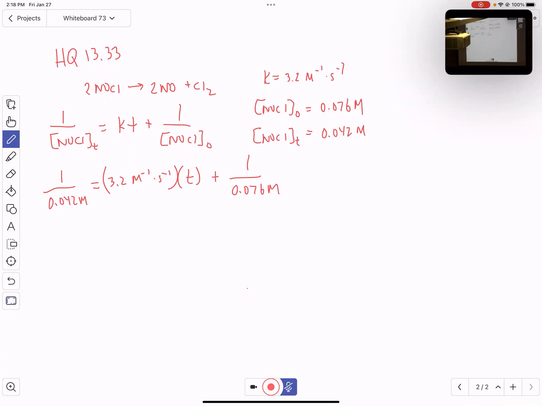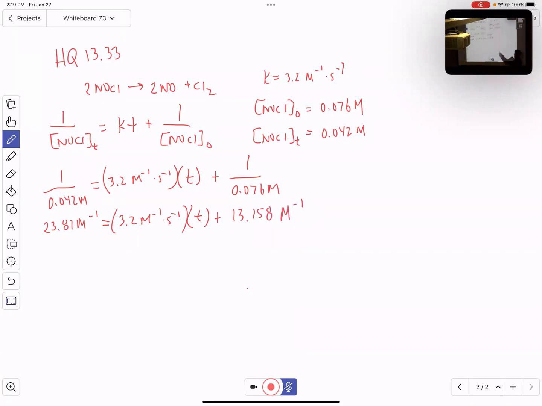So I'm going to divide through both of those. 1 divided by 0.042 is 23.8 inverse molar, equals 3.2 times time plus 1 divided by 0.076, and that's like 13.158 inverse molar.